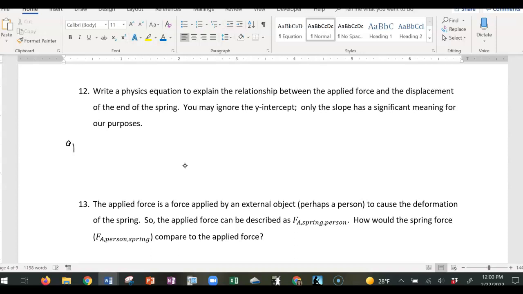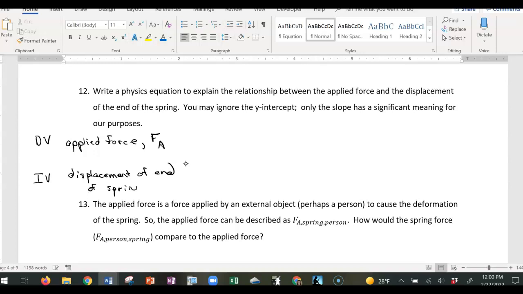So for applied force, and that is my dependent variable, I'm going to call that F with an A subscript. And the independent variable here is the displacement of the end of the spring.